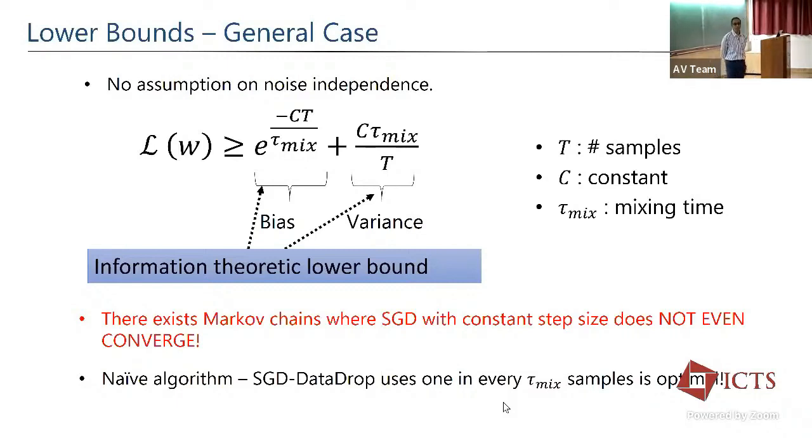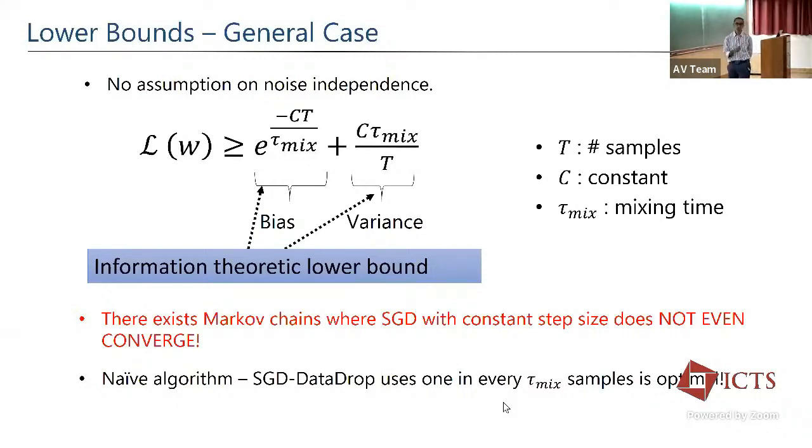And this is an information theoretic bound, that is, you cannot hope to do any better than this. Okay? And in fact, for general settings, there are some Markov chains where if you apply SGD, at least with constant step size, then it might not even converge. So SGD is not a really good solution for these kinds of problems in general.